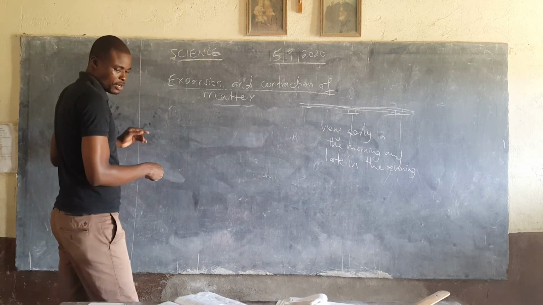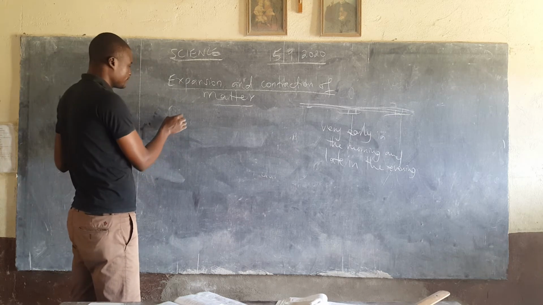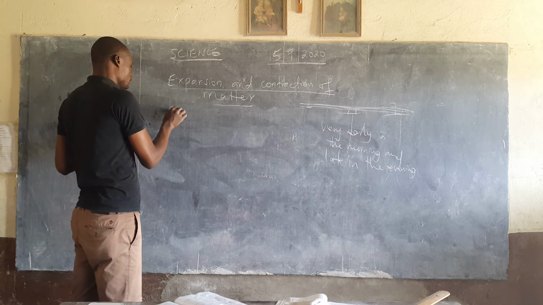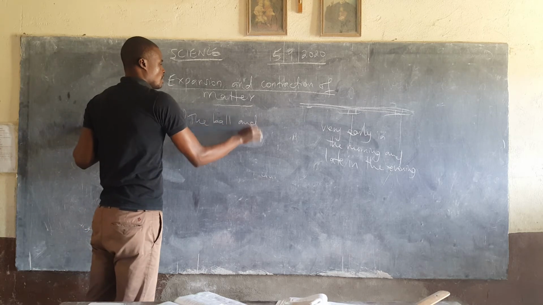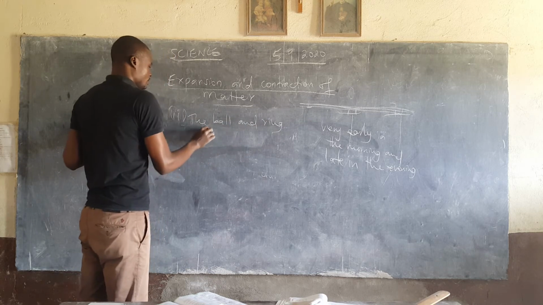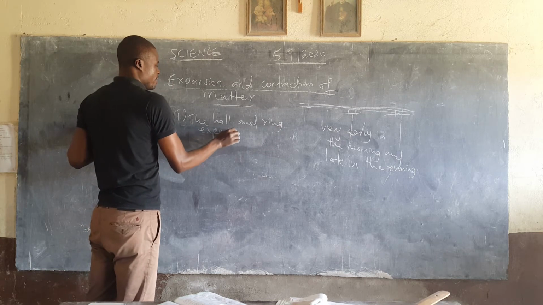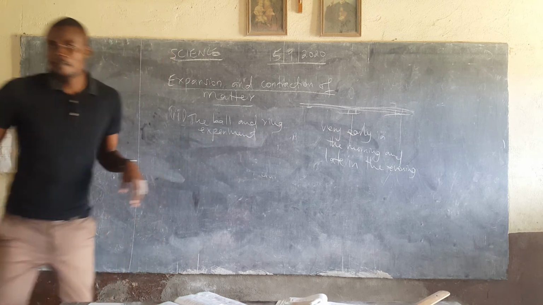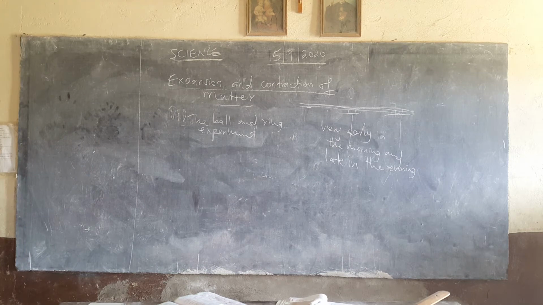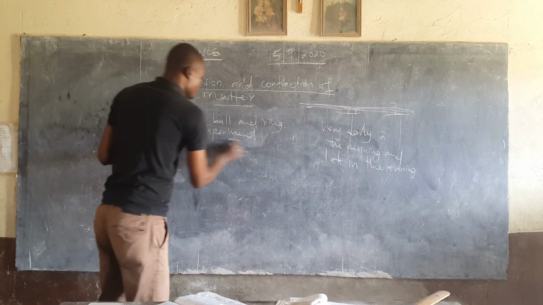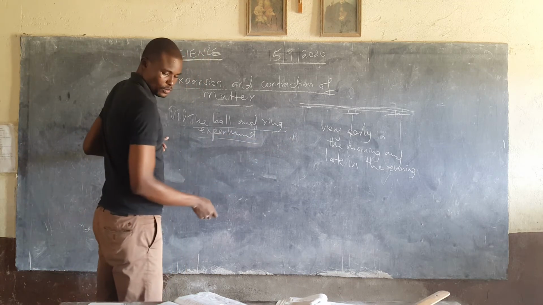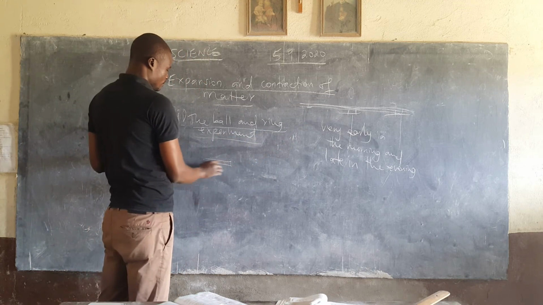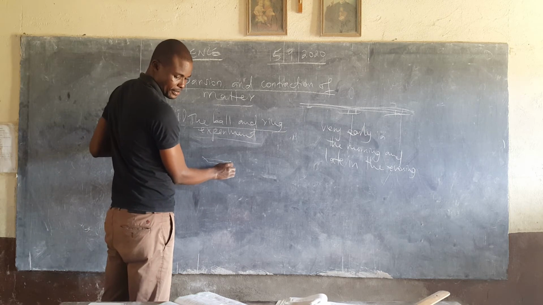That is the ball and ring experiment. This one is also very nice, and I did it before. The ball and ring experiment. I told you that we can easily take this one, a ring.